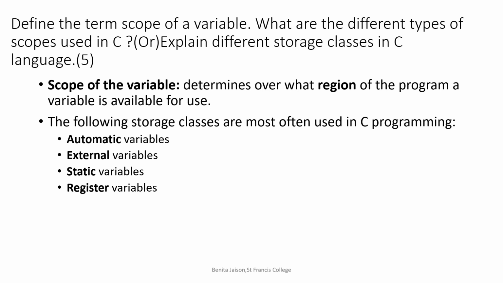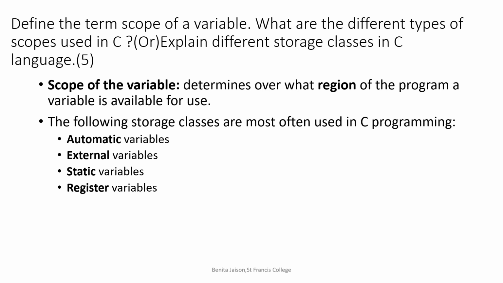So the scope determines whether a particular variable is accessible throughout the program or only within a function, and the storage class of the declared variable will determine how long a variable is available.